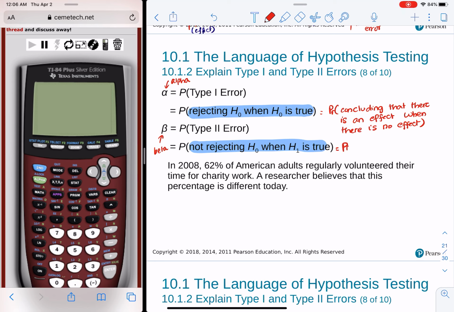The second case is the probability that you conclude that there is no effect when there is an effect. In both cases we make a mistake, so the probability of that mistake is alpha and beta. In other words, this is what we call the false positive rate, and that is the false negative rate.